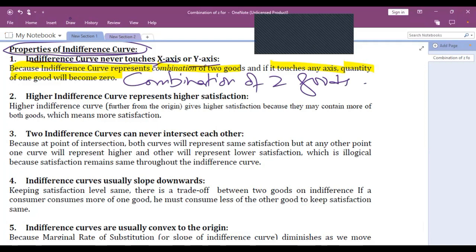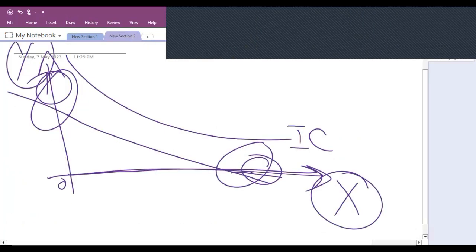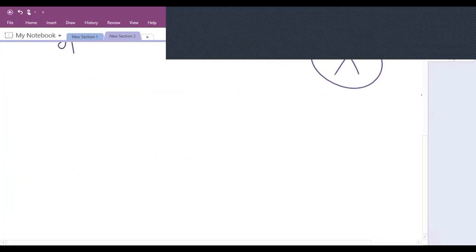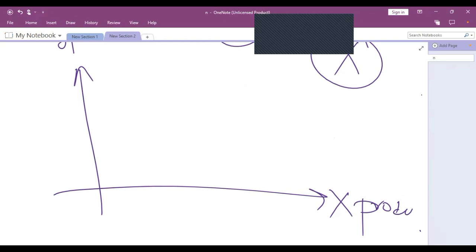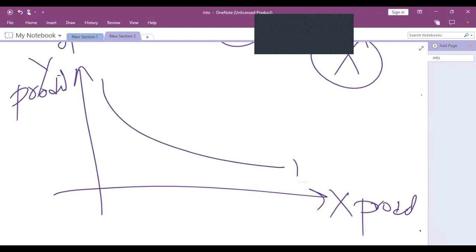The next property is that a higher indifference curve represents or shows a higher level of satisfaction. Draw the indifference curve, with product X on the x-axis and Y product on the y-axis. The first IC curve is here; let's say it is IC1.